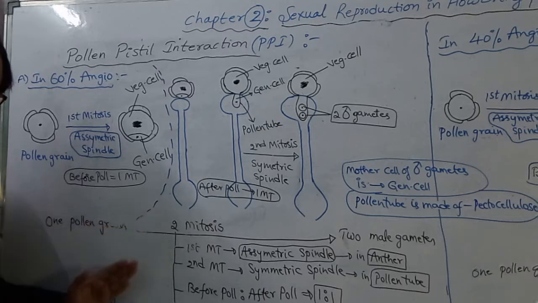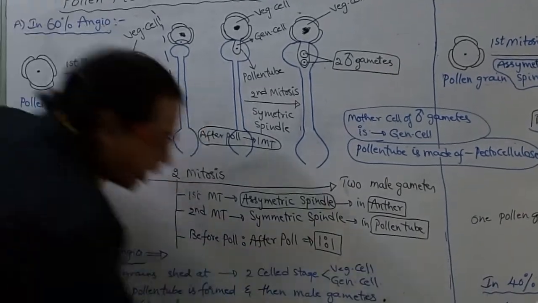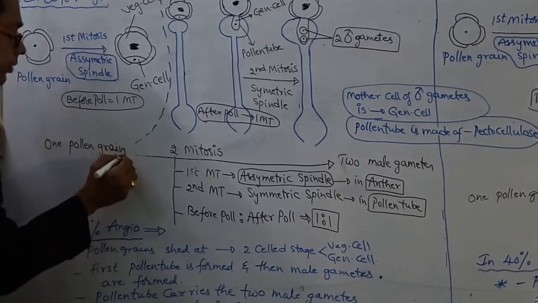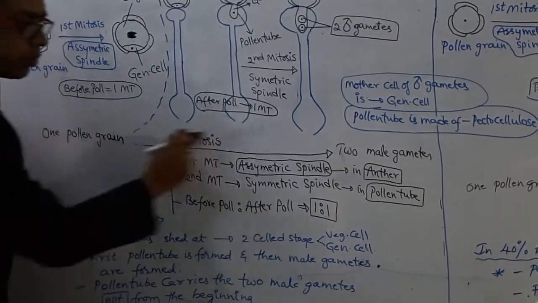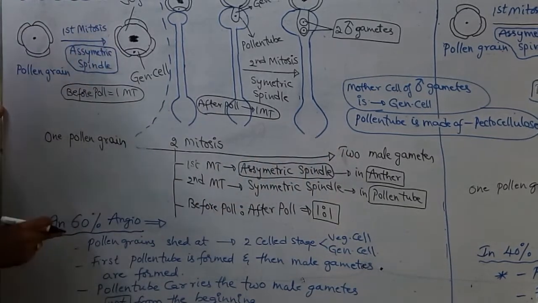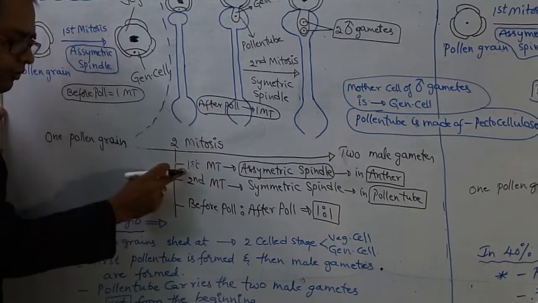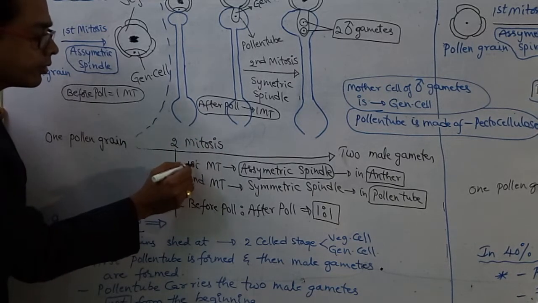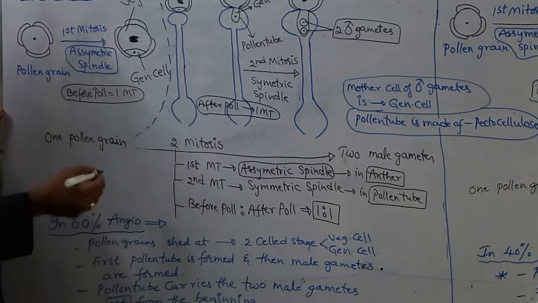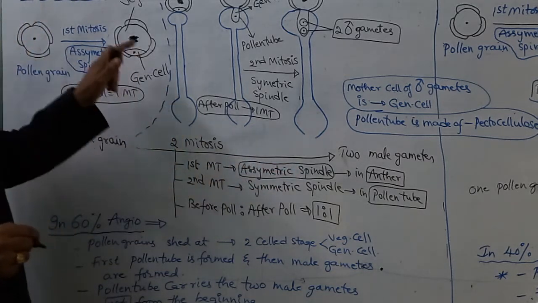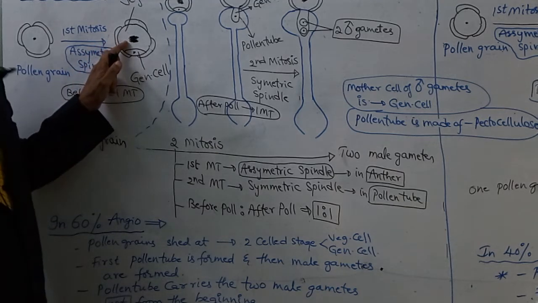Look at these points. One pollen grain produces two male gametes by undergoing how many mitosis? Two mitosis. The first mitosis belongs to the asymmetric spindle. Where does this occur? This mitosis occurs inside the microsporangium of the anther.